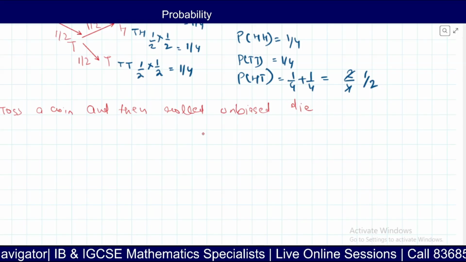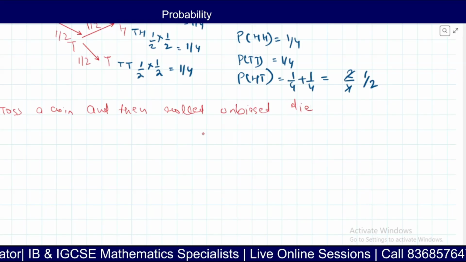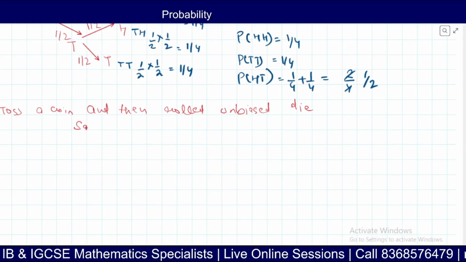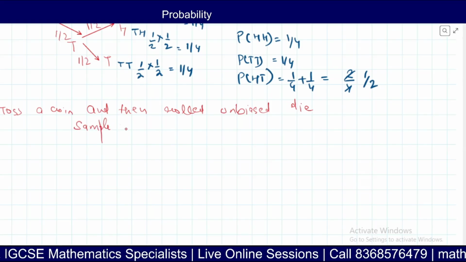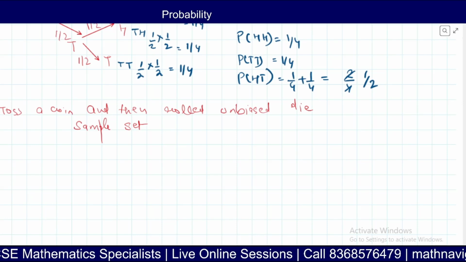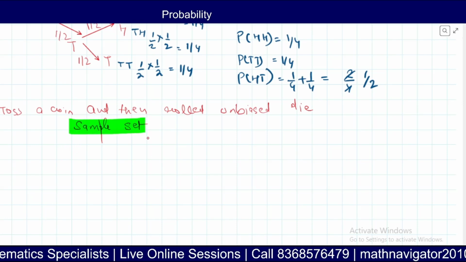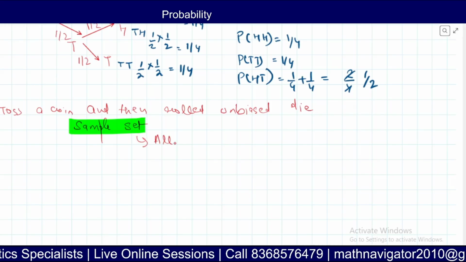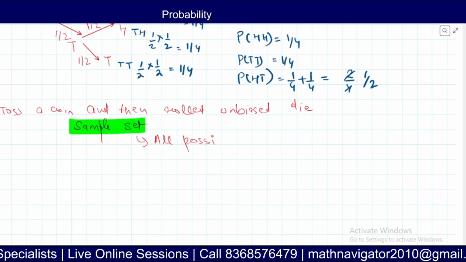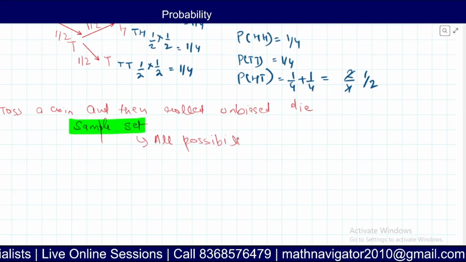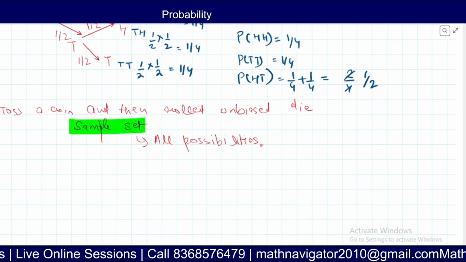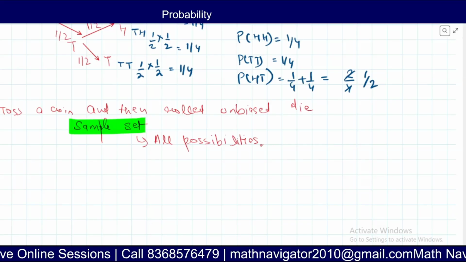Die is 1, 2, 3, 4, 5, 6, right? So first I want to know what my sample set is. What do we mean by sample set? Sample set means all possibilities. Got it? Sample set means all possibilities.